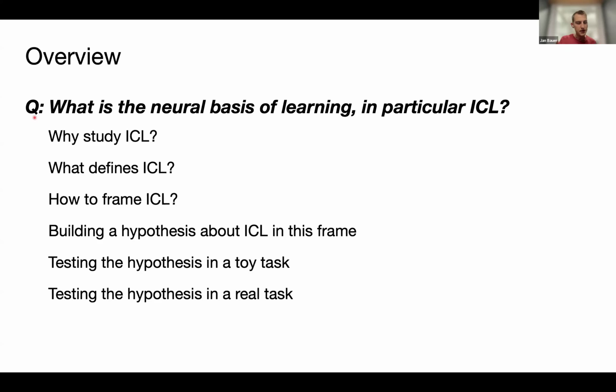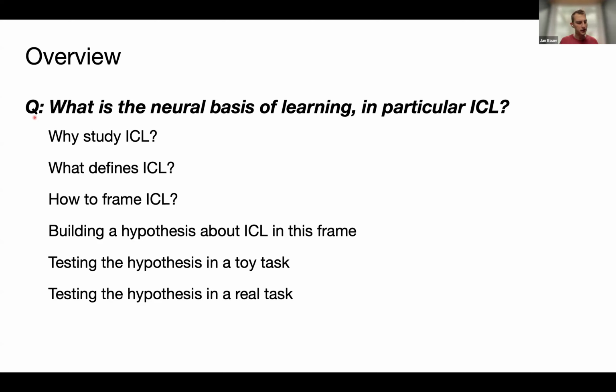The steps through which we went were: why is it interesting to study in-context learning to begin with? Then become clear about what defines in-context learning and how it is different from something which is typically contrasted to it, namely in-weight learning, which I'm going to abbreviate as IWL.